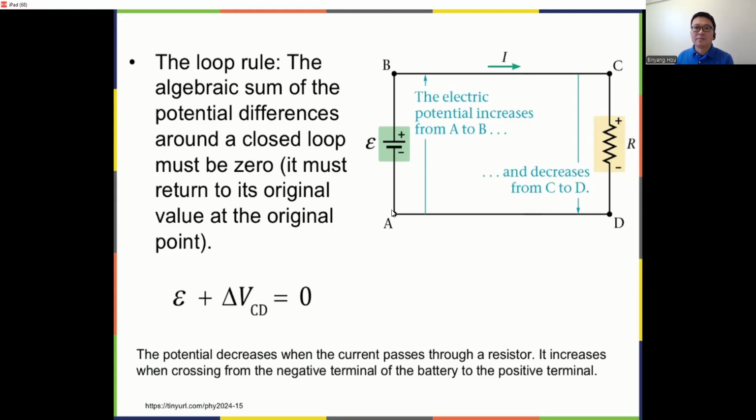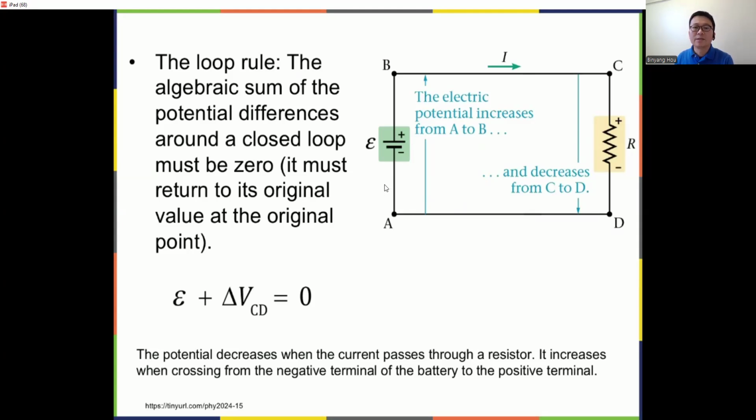Electric energy and potential are directly proportional to each other through the charge Q. So the potential is consistent, and that means energy is also consistent.